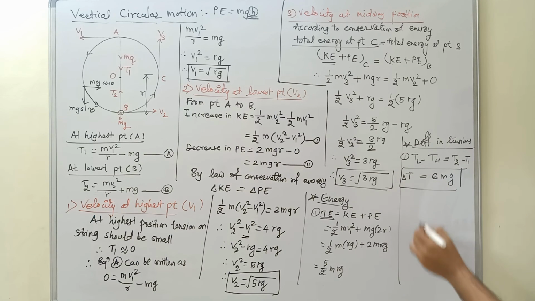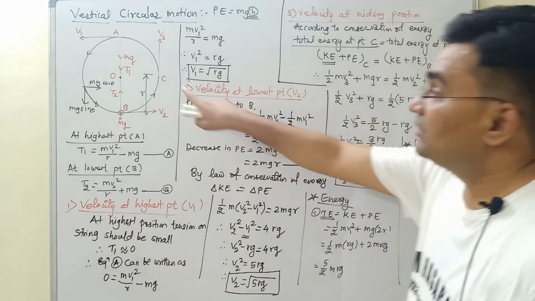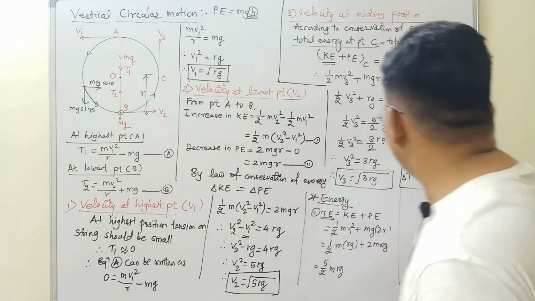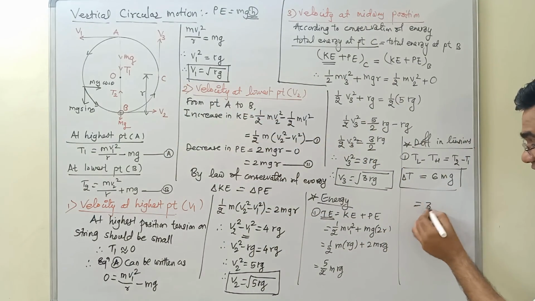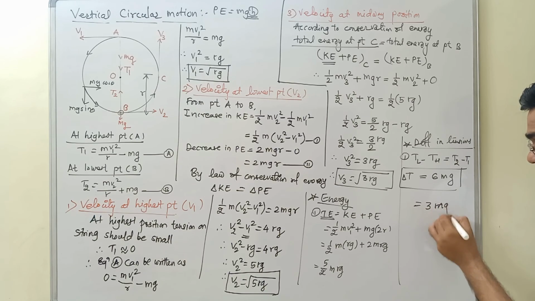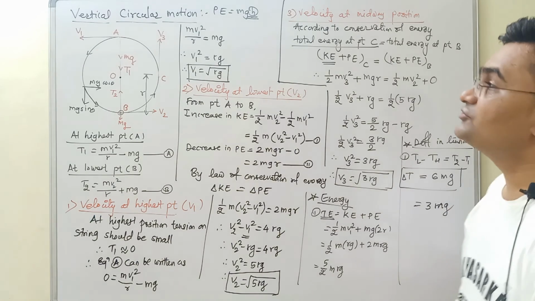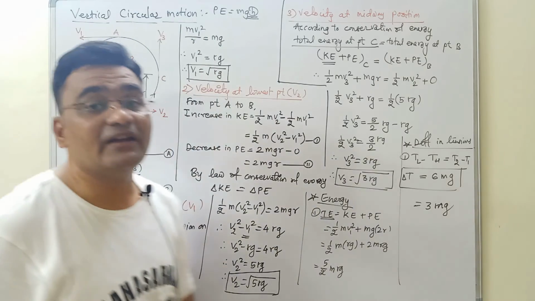That delta T will be 6 mg. If you want to find it for the midway and lowest position, you will get 3 mg. So I hope you understood this article.